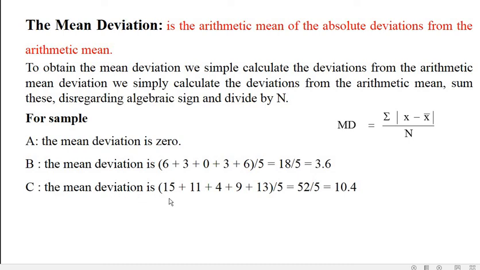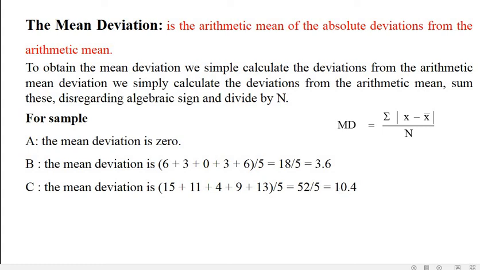For sample C it was 15, 11, 4, 9, 13 over 5, which is 52 over 5, or 10.4. So the mean deviation of sample A is 0, of sample B is 3.6, and of sample C is 10.4.